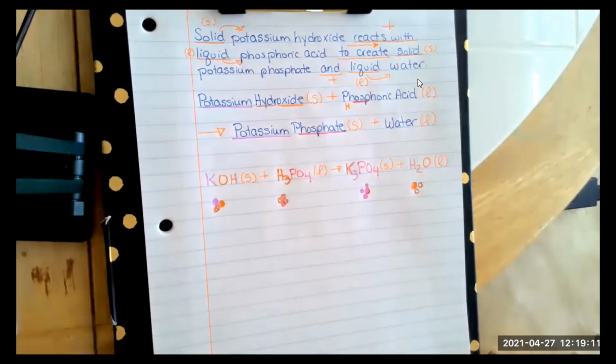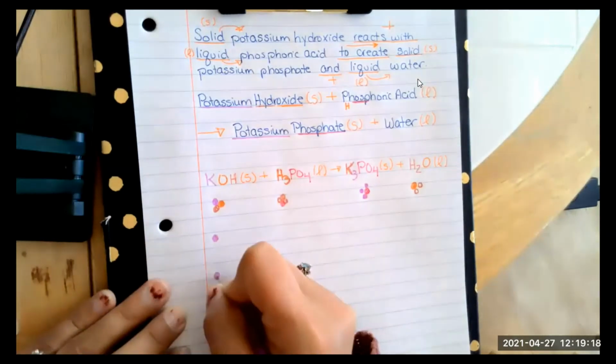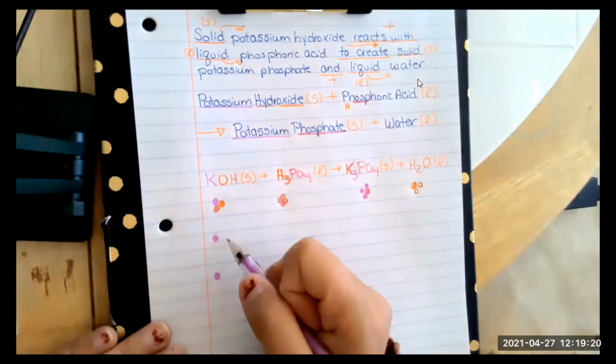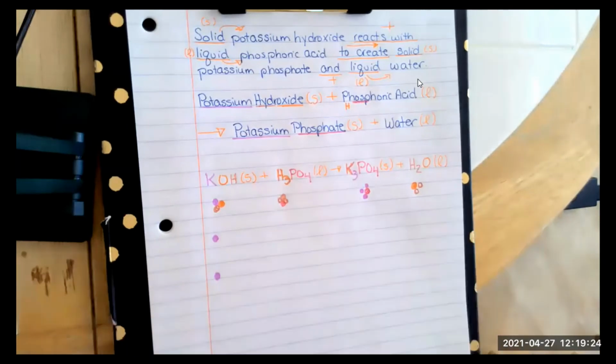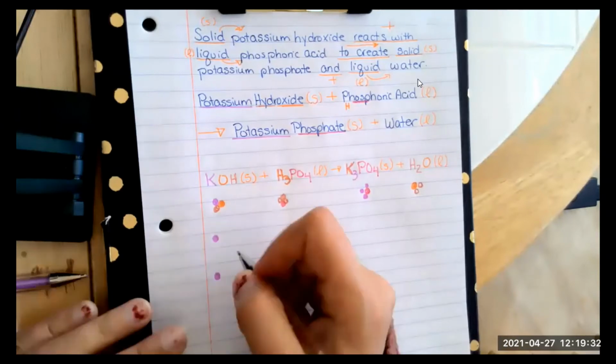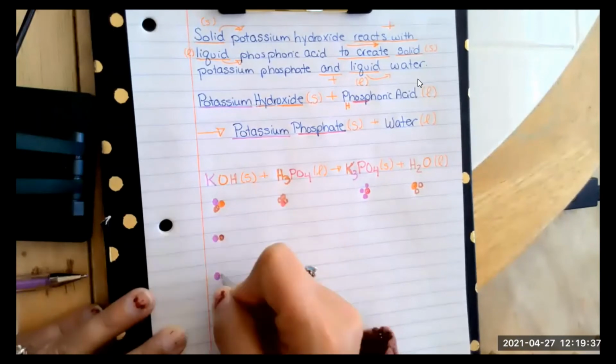So I'm going to represent the full amount of potassium that I need. I need 1, 2, 3 full potassiums, and I have 1, 2, 3 over here. My potassiums aren't equal. But remember, you have to represent the whole molecule. So each one of these potassiums comes with 1 hydrogen and 1 oxygen.